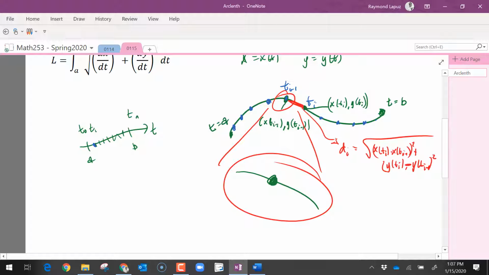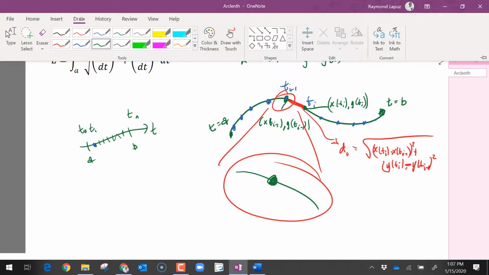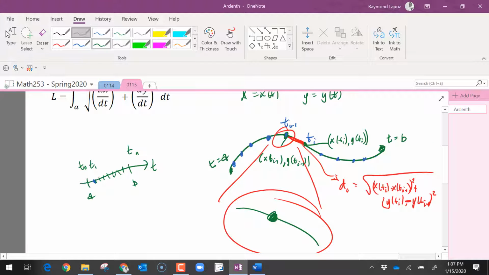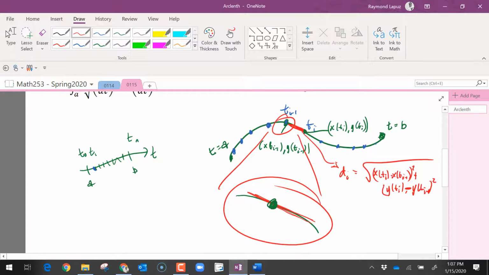If you look close enough, you're really looking at the slope of that line. Right? You can think about it as a slope. So that's where the derivatives come in, and those differences between them can just be like the derivative.